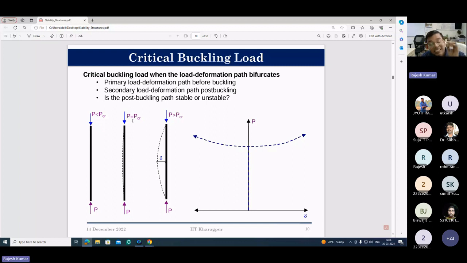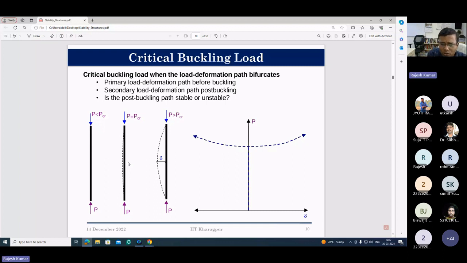Now, when you apply exactly 100 kilonewtons to the column and give a small perturbation, it acquires a different dotted configuration, which is nearby. You remove the perturbation, and it does not come back to the original configuration.